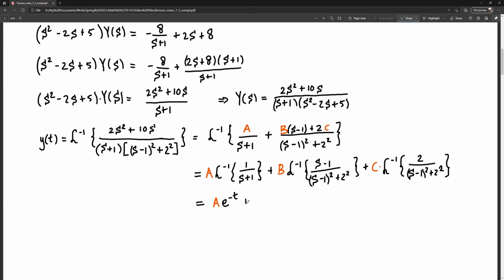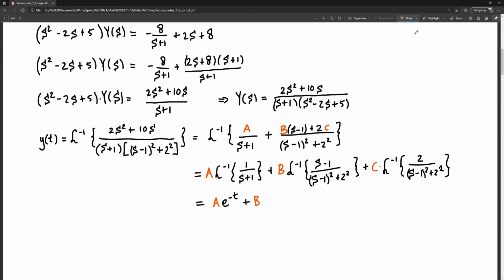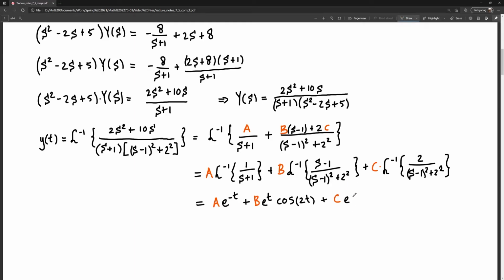So what we get there is plus B times e to the power t cosine 2t, and then plus C times, and this is of the form e to the power at sine bt, where b is 2 and a is 1. So this is C times e to the power t sine of 2t.